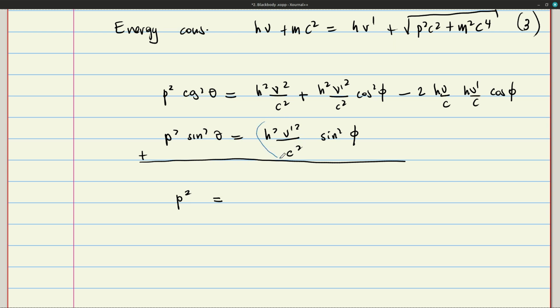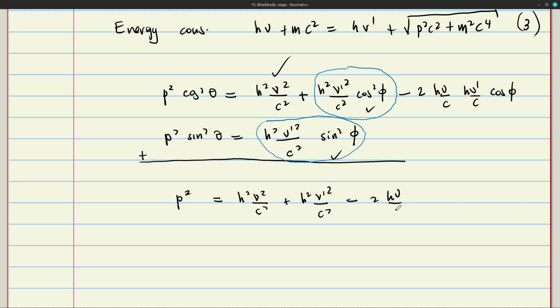I have this term, and I have this term. This is also cosine square plus sine square, but for the angle phi. So this is going to be h square nu square over c square, I wrote this one, plus h square nu prime square divided by c square, I wrote these two, minus 2h nu over c, h nu prime over c, cosine phi. Good.